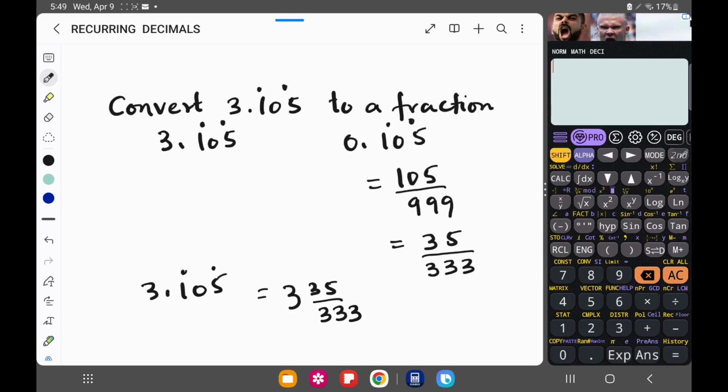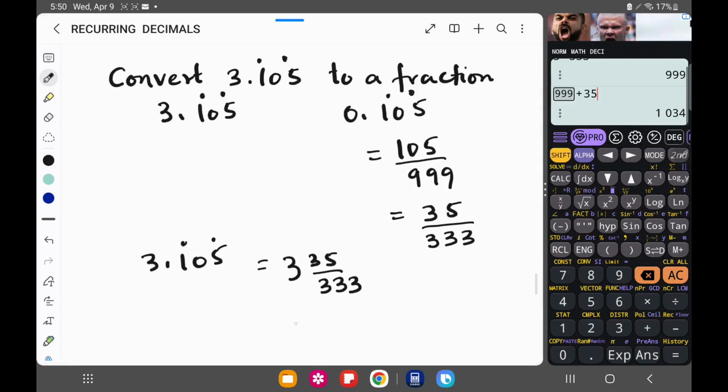Now multiply 333 times 3, which is 999, and add 35 to get 1034 upon 333.